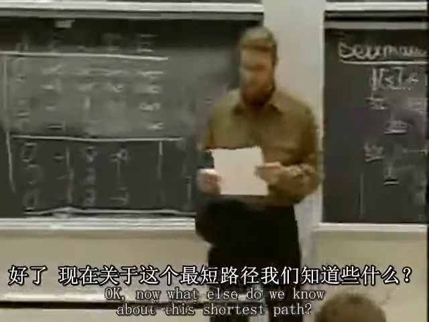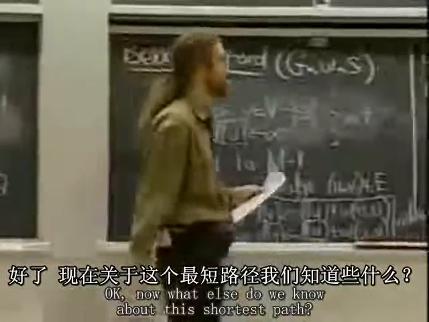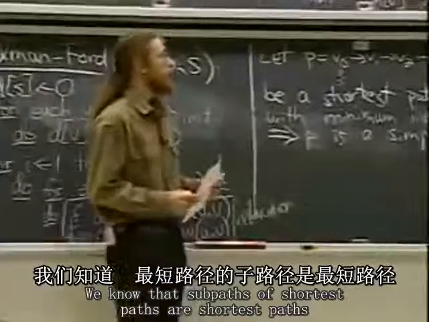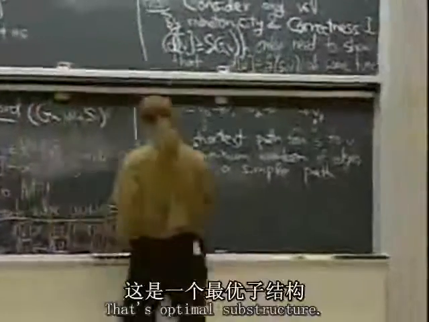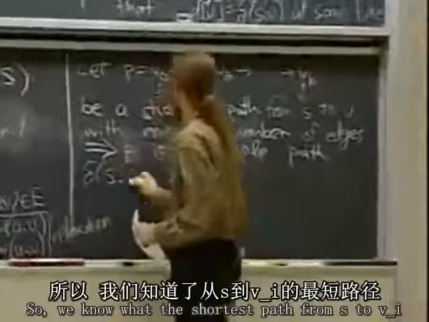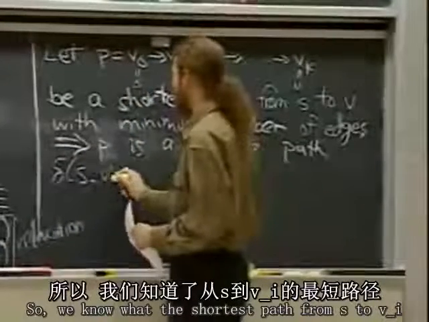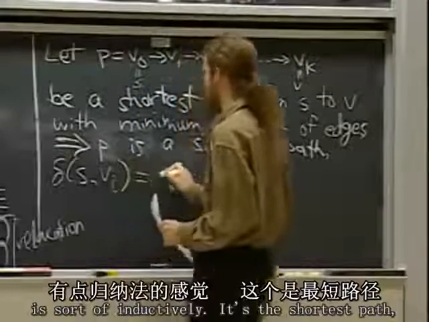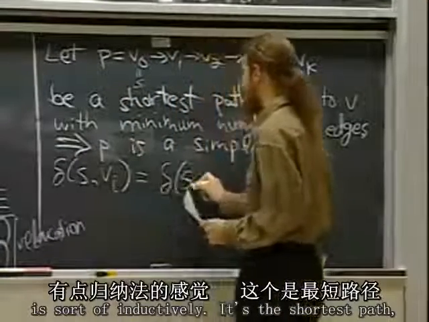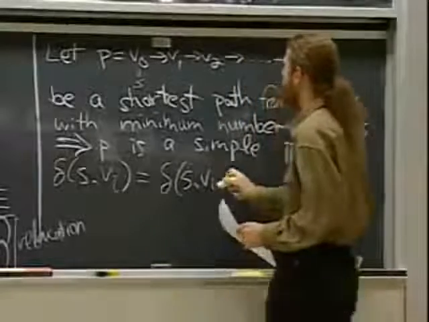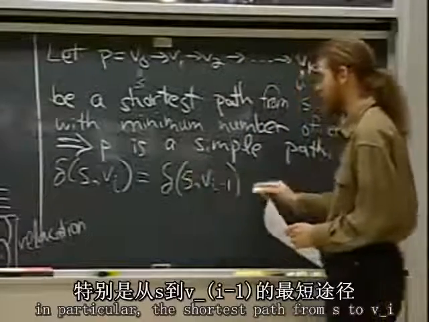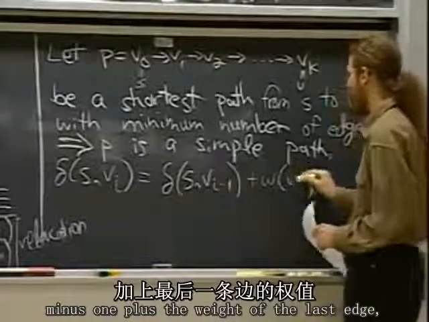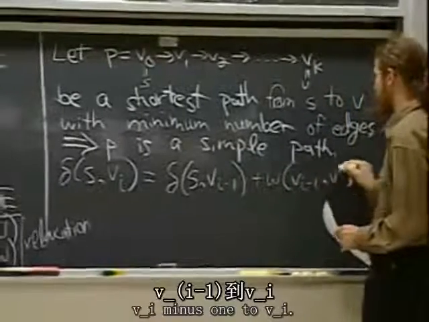Okay. Now, what else do we know about this shortest path? Well, we know that subpaths of shortest paths are shortest paths. That's optimal substructure. So the shortest path from s to vi is, inductively, the weight of the shortest path from s to vi minus 1, plus the weight of the last edge, vi minus 1 to vi.